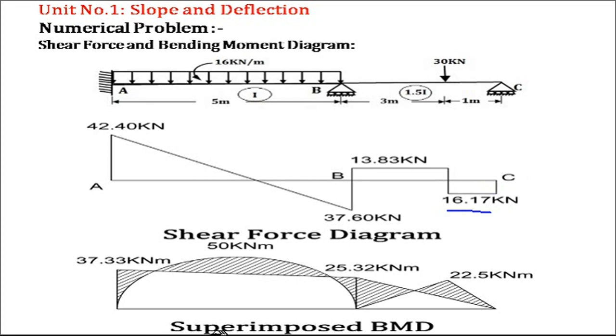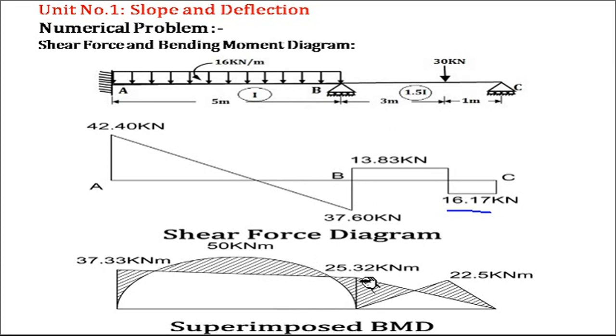Then you have to draw the bending moment diagram. We know that at joint A, the moment is 37.33. At joint B, in member BA, it is 25.32 and negative, and in member BC it is 25.32 positive.